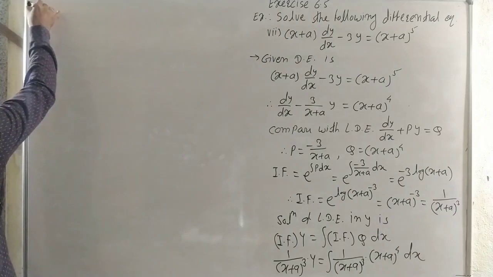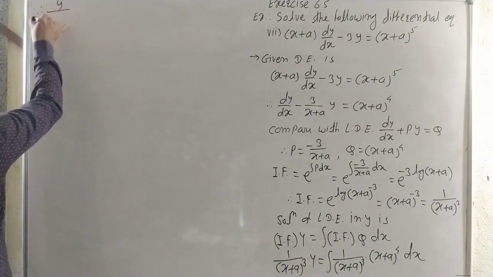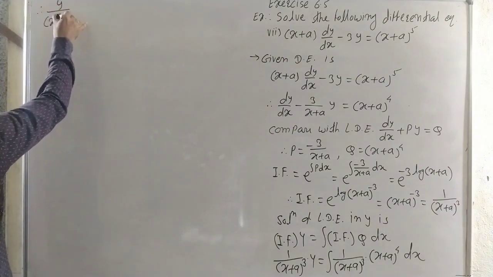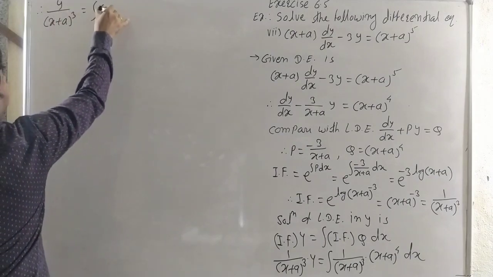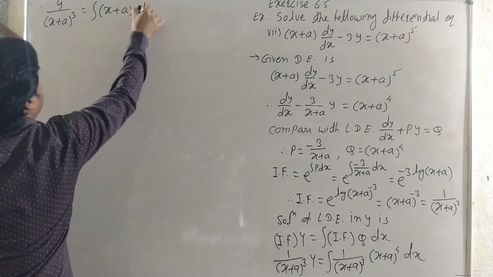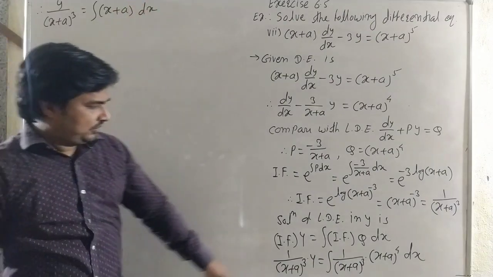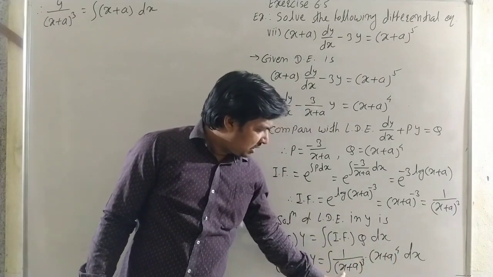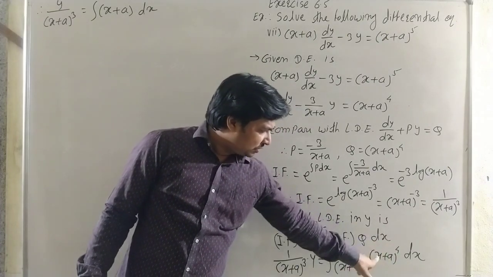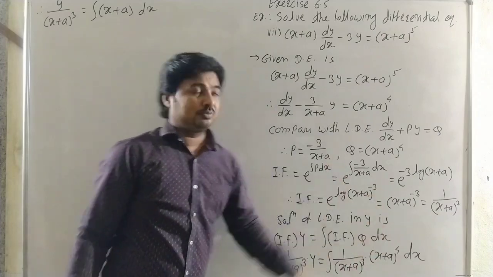Now this can be written as y/(x + a)^3 = the integral of (x + a)^4/(x + a)^3 with respect to x. The (x + a)^3 cancels, then remaining only x + a.